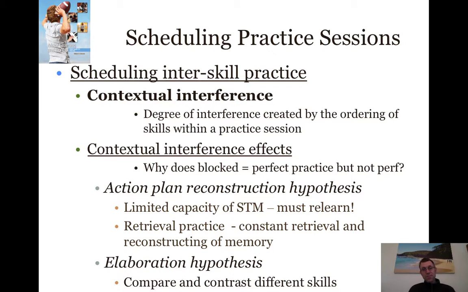There's something called the action plan reconstruction hypothesis that describes this effect. It's basically saying we have limited capacity of short-term memory, and therefore we have to relearn the process of recalling those skills when we do random practice. With block practice, we don't have to think about anything. We know exactly what's going to happen next, so we don't have to recall any movement pattern.